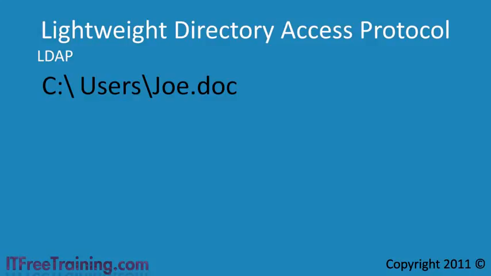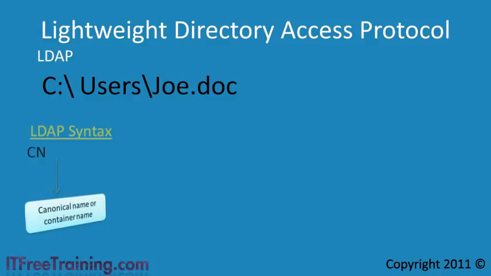The first terminology that LDAP uses is canonical name, or container name, or CN for short. Think of this as the file name in the example, or object in Active Directory. In this case, if you wanted to access an object in Active Directory called John, you would use CN=John.